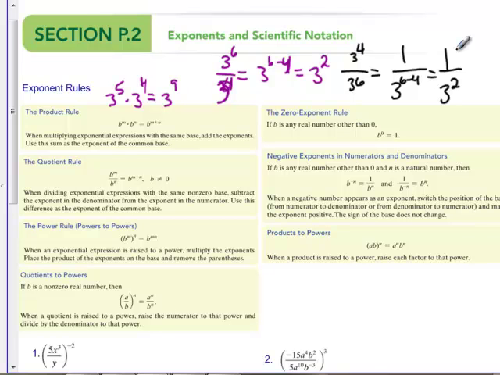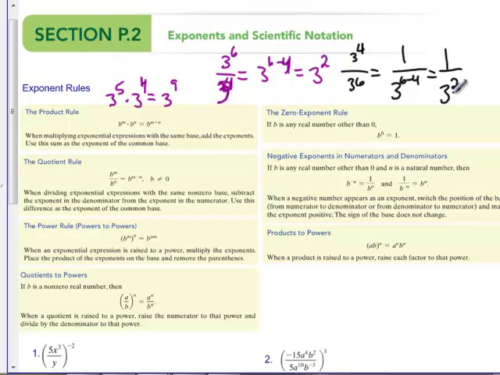If you want to change the sign of an exponent, you just take the base and the exponent and flop it to the other side of a fraction bar. So if I had worked this out and I got 1 over 3 squared, you don't want to have anything on the bottom, so don't write it in fraction form.